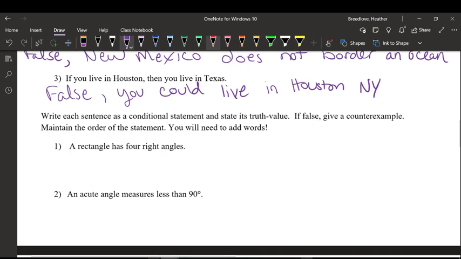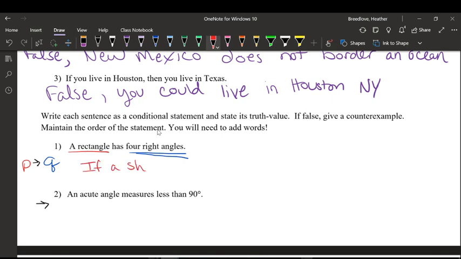So what I'm going to do is say that a rectangle is my hypothesis. And then talking about 4 right angles, I'm going to say that's my conclusion. But I need to write if P then Q to make it a conditional statement, because conditional statements are if P then Q. Okay, so if a shape is a rectangle, and you don't have to use the exact same wording as I do, it's fine, as long as it's an if-then.